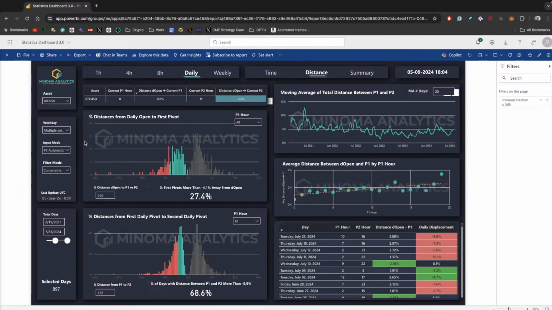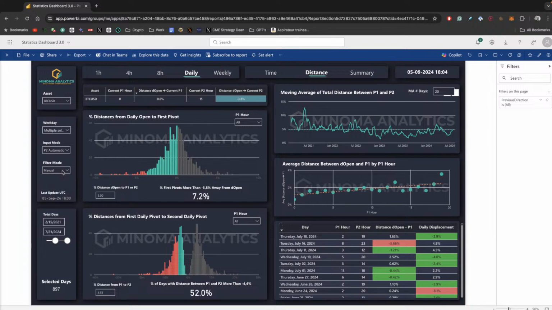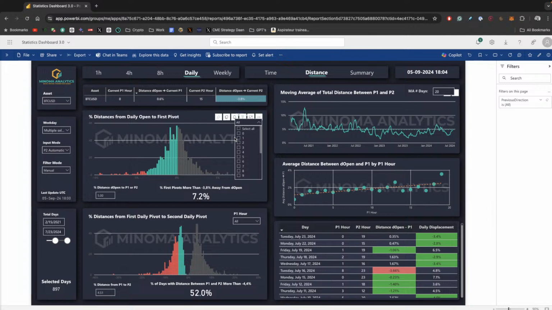So if we go to the distance page and I go here, what happens is that if I press filter mode manual, or on the summary page, this is the same as none. If I have nothing selected, this approach does not filter out any data based on when during the day P1 is put in. Because as we know, if we have manual, we can select, okay, I want to see only how far P1 is from the daily open if the P1 was put in during hour 0, for example.